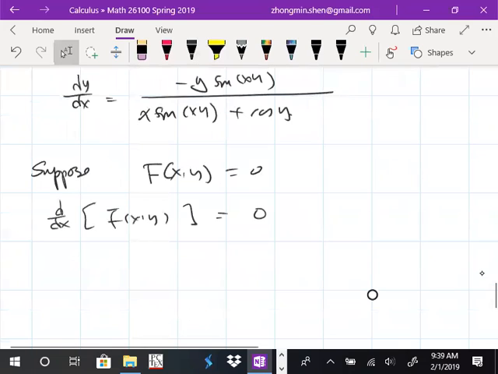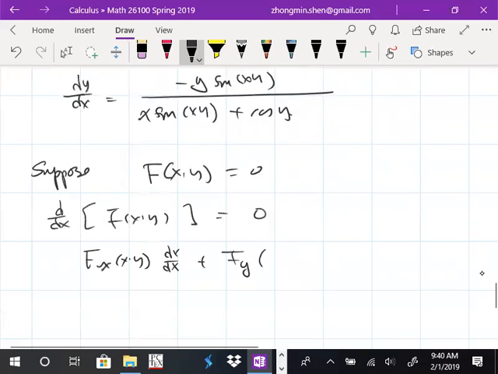When you differentiate a function using the chain rule, you have to differentiate the first factor. Let's use this notation: f_x and f_y. Let me put more details here. dx over dx, that's the chain rule, times dy over dx.